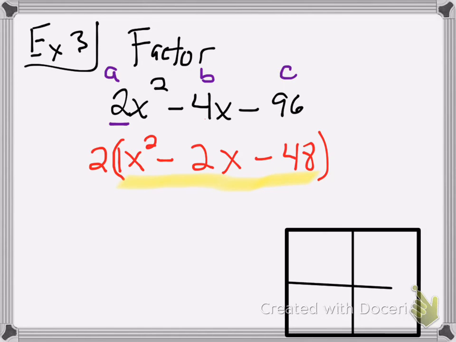The good thing I did was factor out the 2. That way, I can ignore that and just use this as my first term and this as my last term. So I'm going to put 1x squared here, minus 48 down here. Let me fix that a little bit.